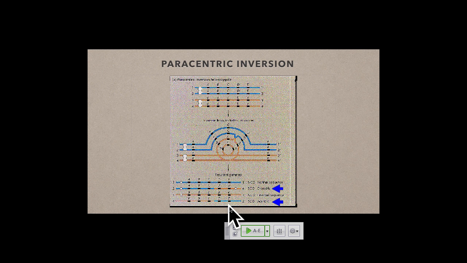So what this means is any crossover that occurs within the inverted region is going to result in non-viable gametes. So the jargon sometimes used is that these inversions suppress crossing over. Do they prevent crossing over? Do they prevent recombination?